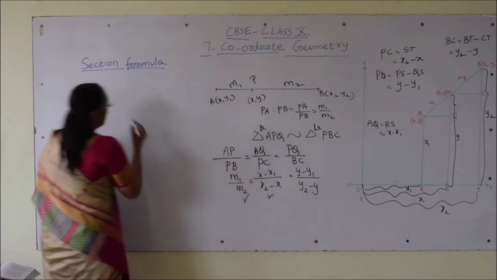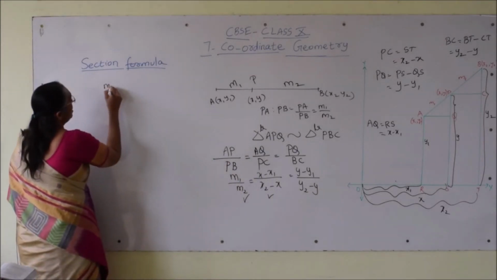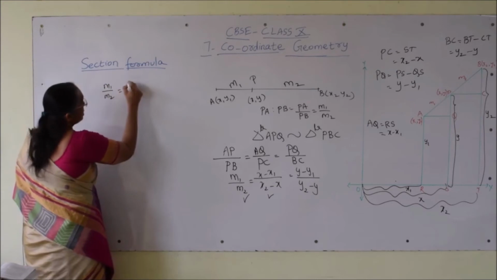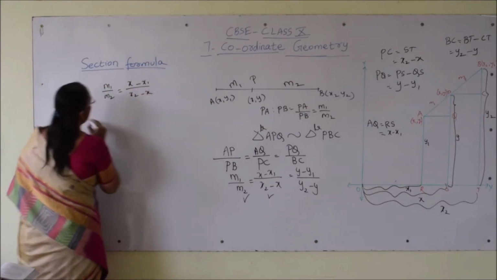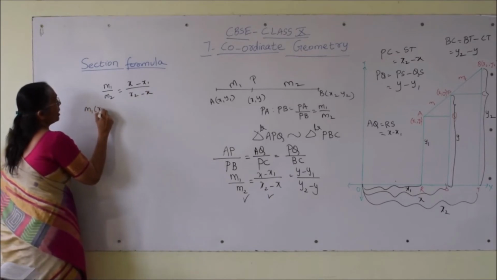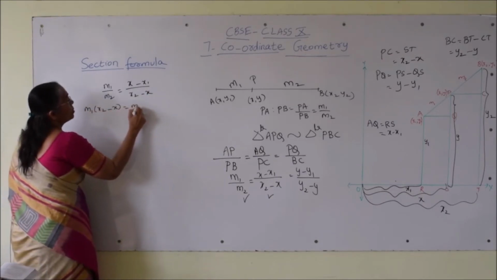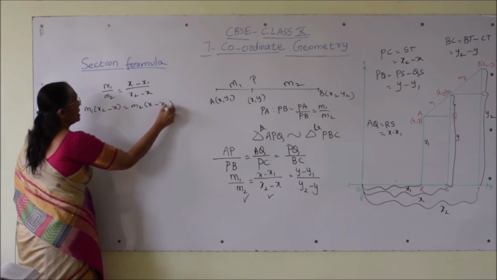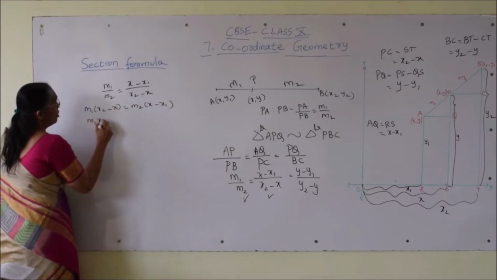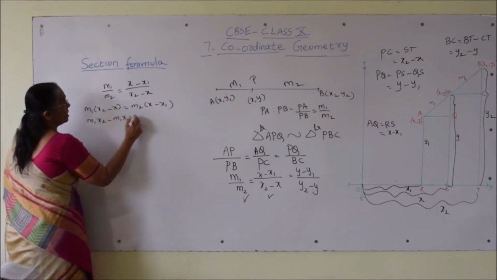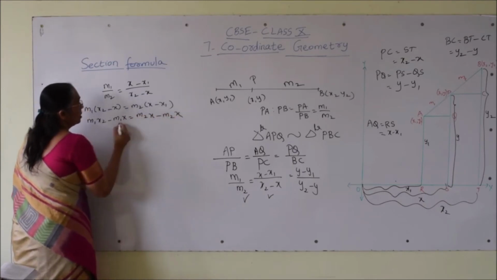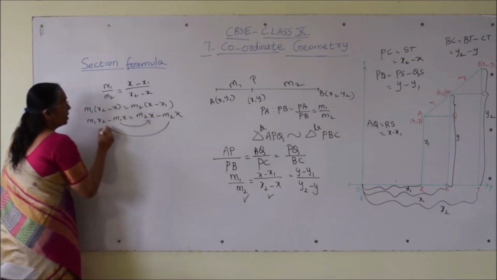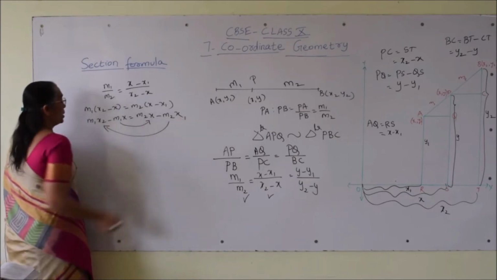So, let me first take the first one. M1 divided by M2 is equal to x minus x1 by x2 minus x. So, M1 of (x2 minus x) is equal to M2 of (x minus x1), or M1 x2 minus M1 x is equal to M2 x minus M2 x1. Let me take the x terms to this side and the x1 term to that side.